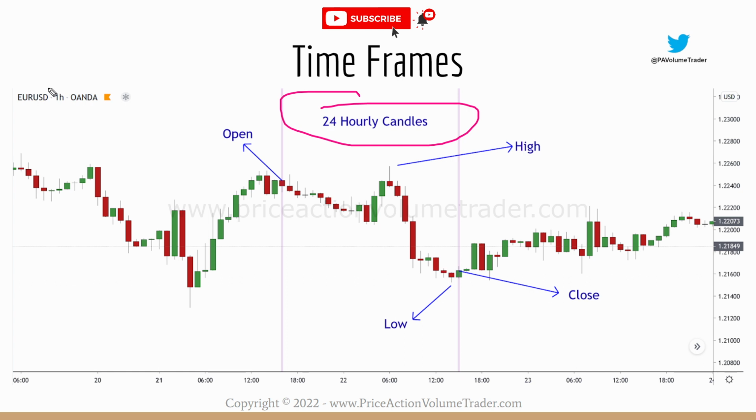And if you break this down into a 5-minute chart, then obviously these 24 candles, you just multiply by 12, and that's going to be a whole other set of more detailed candles that you're going to have.